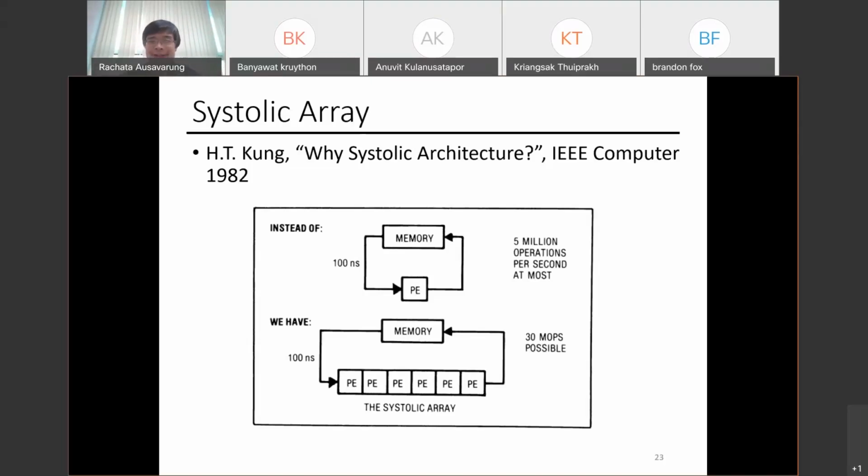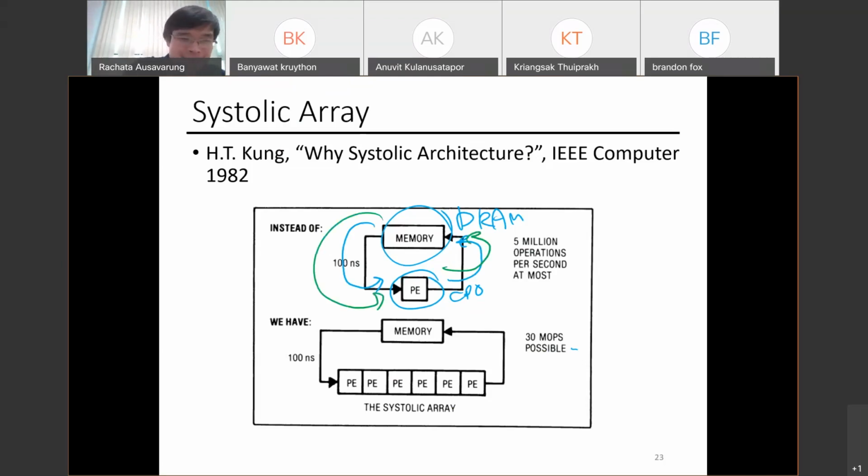This thing called systolic arrays is something like this. So instead of having the CPU and the memory, which is the top part right here, right? This is the CPU, this is DRAM. A lot of the time when you compute something, you generate the data for the next instruction, right? So H.T. Kung, back in 1982, proposed this idea of, well, if the processing elements generate the data for the next processing elements, which then generate the data again for the next processing elements, why don't I just do this?